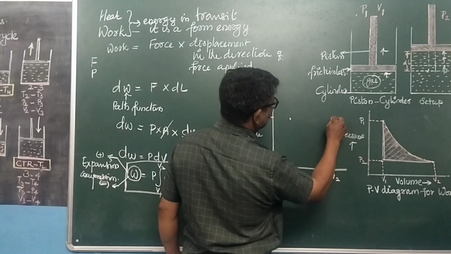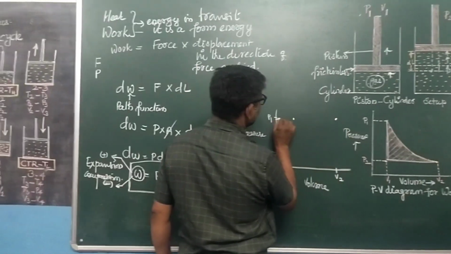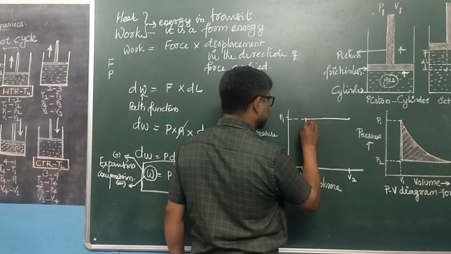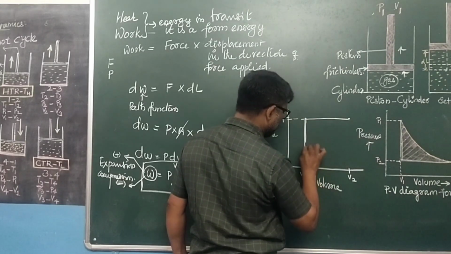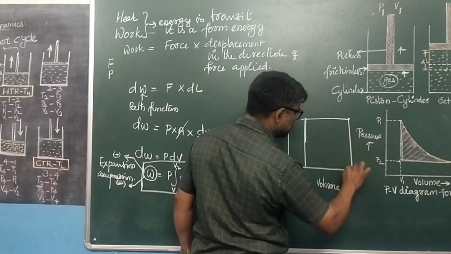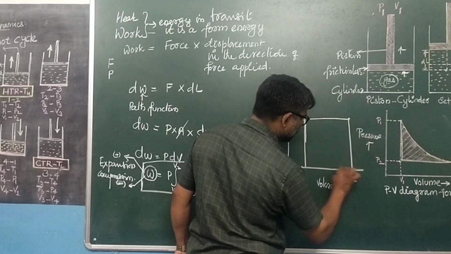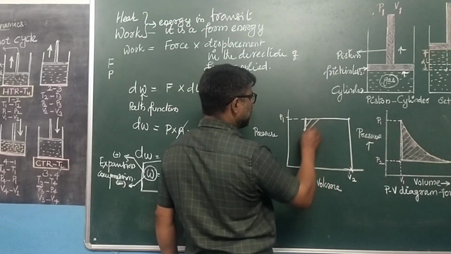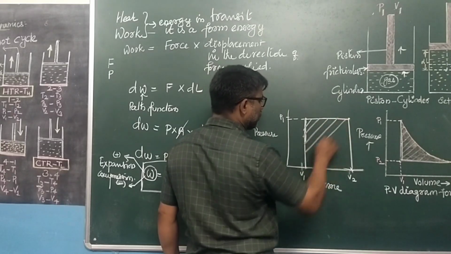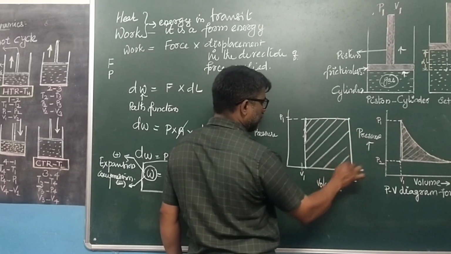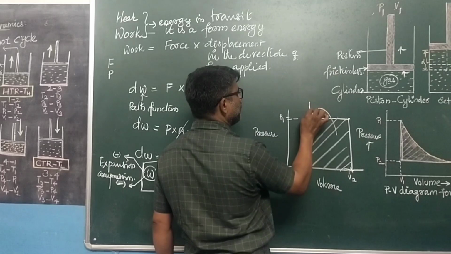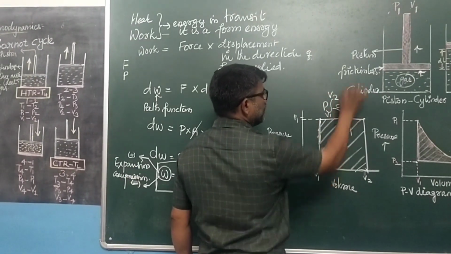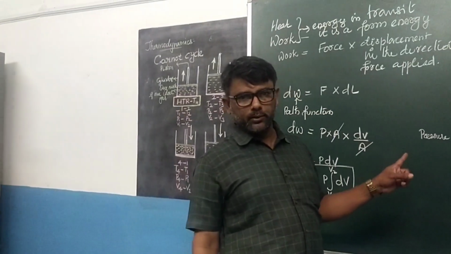So, this is V2. The shaded area under the curve is the amount of work done, that is P into integral V1 to V2 dV. This is case 1.